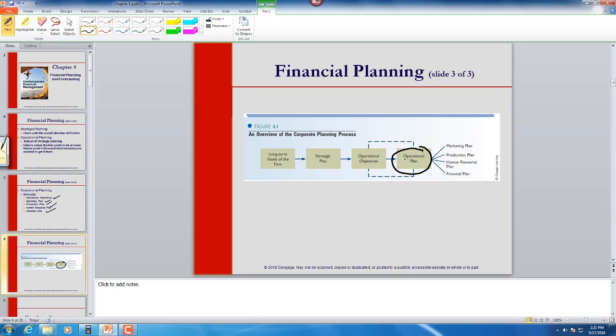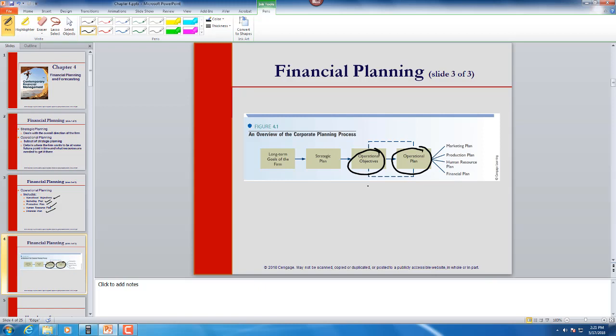The operational plan is directed towards operational objectives, and these two interact with each other. The long-term goals of the firm are what lead to the strategic plan. The strategic plan leads to operational objectives, and the operational plan, which stems from all these 4 and some other areas. In some cases, quality control is a separate area in itself.